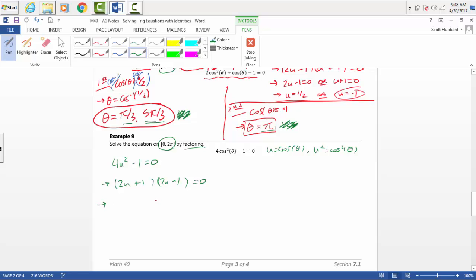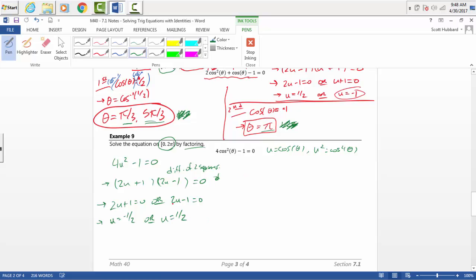And that tells me I get two answers. 2u plus 1 equals 0, or 2u minus 1 equals 0. So again, that's the difference of two squares. And so I get one answer is u is equal to negative 1/2, or I get one answer is u is equal to half.